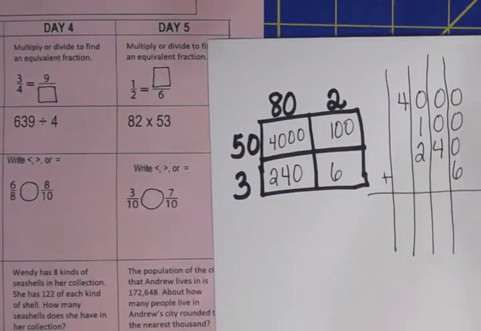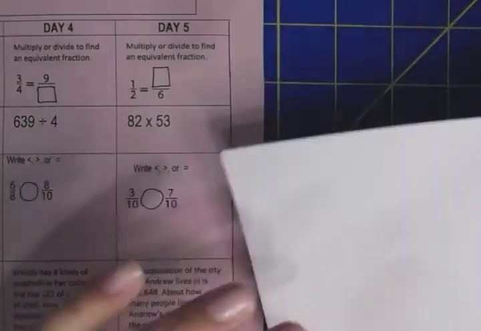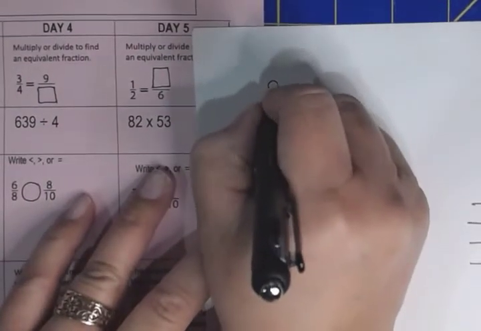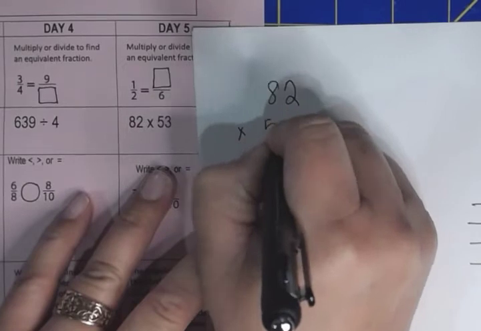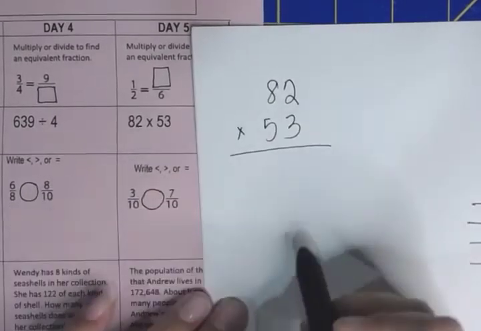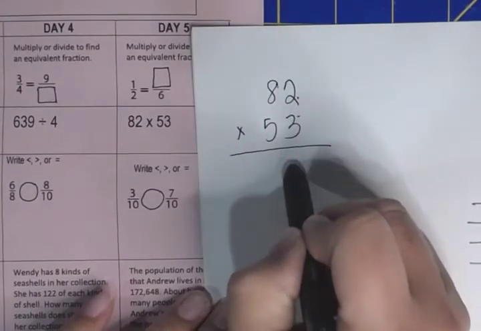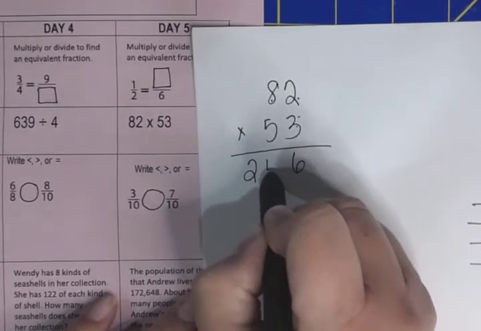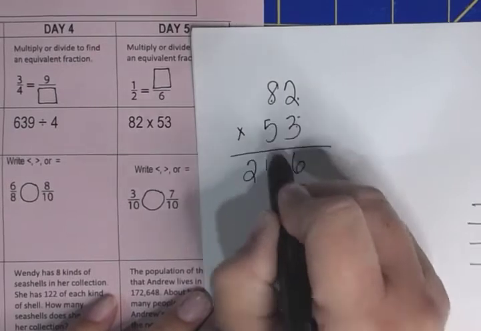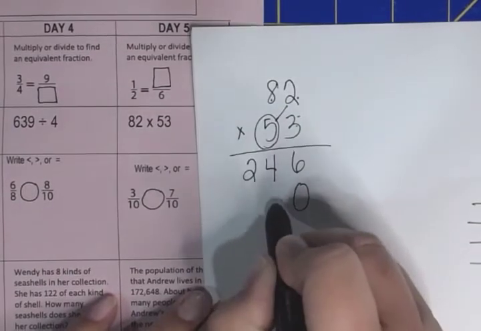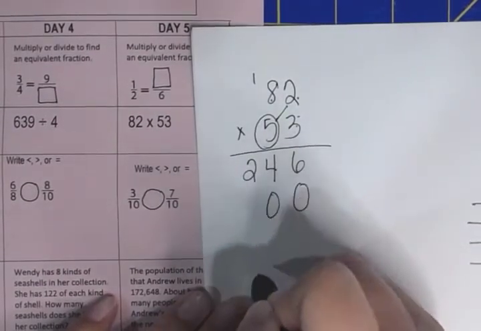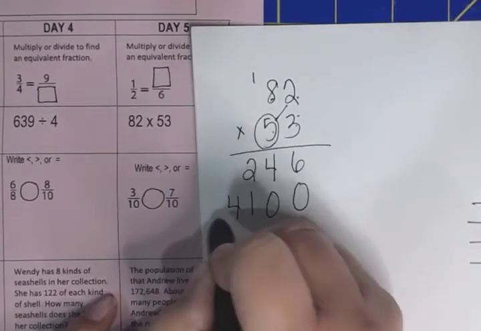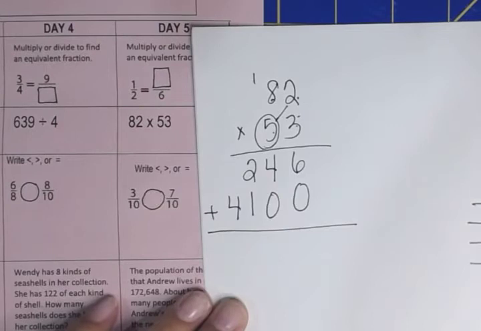Of course, you can multiply the standard way. 82 times 53. You would multiply 3 times 2, 3 times 8, drop a 0, 5 times 2, carry your 1, 5 times 8, plus 1, and then you would add.